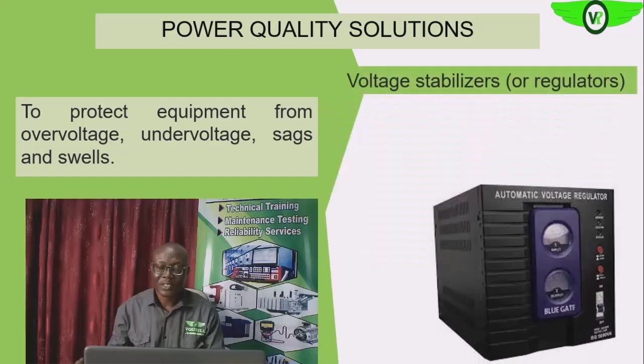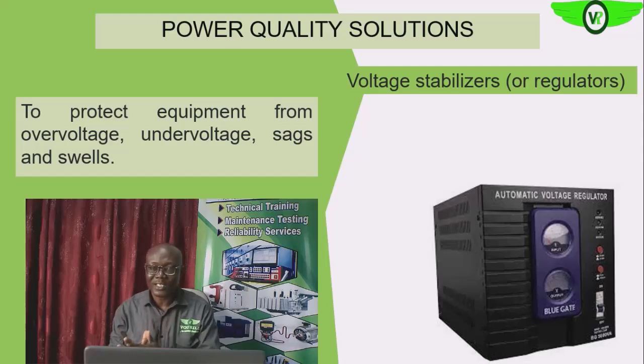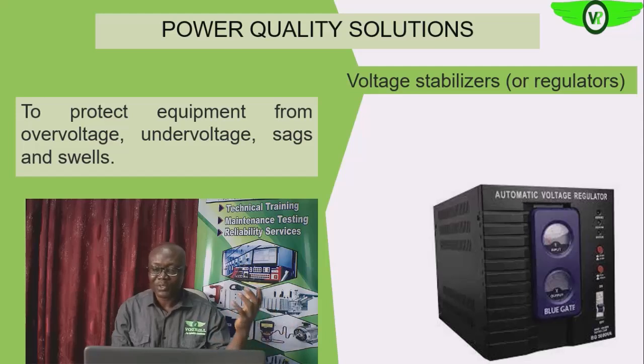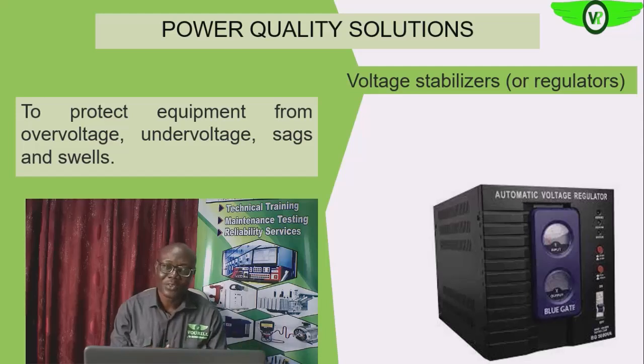So the voltage regulator or the voltage stabilizer will help us, because the voltage stabilizer will regulate and make what we send to our electric motor steady. So the input power from the bus will go to the stabilizer, and then the voltage regulator will be connected to the circuit breaker feeding our electric motor.